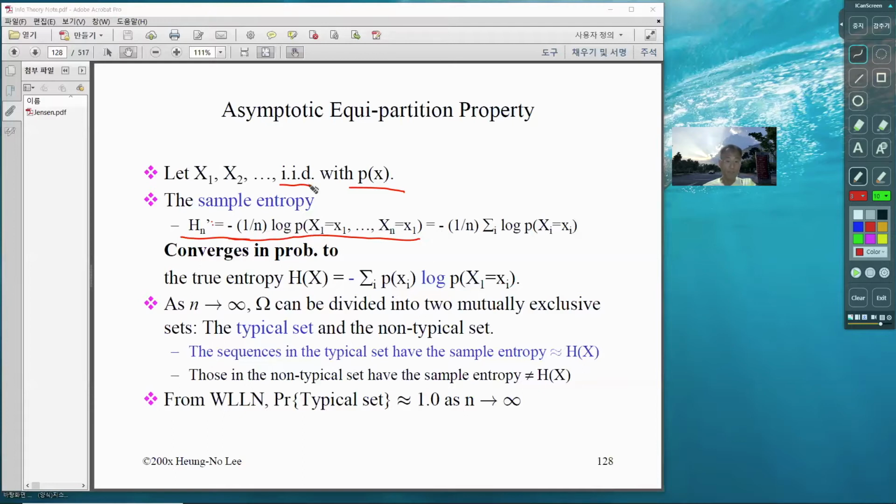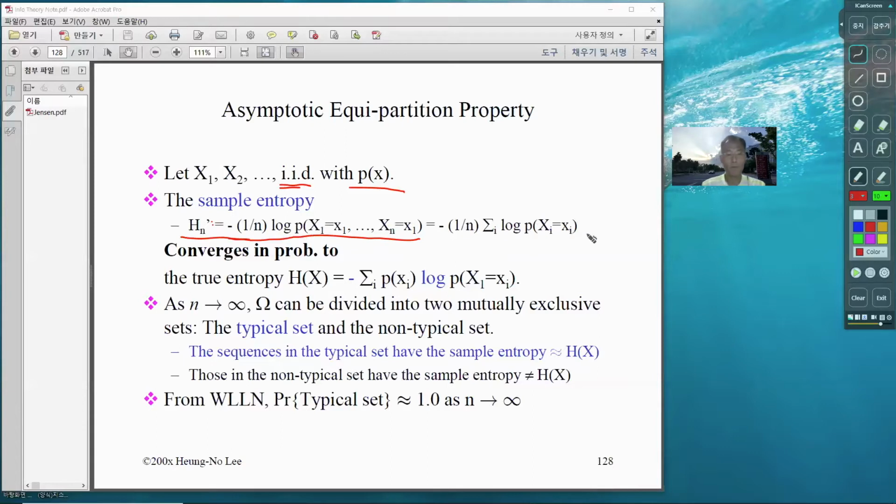Since it is IID, identically distributed and independent, the joint distribution is the same as the product distribution. So the log of a product is the sum of the logs of each individual one.